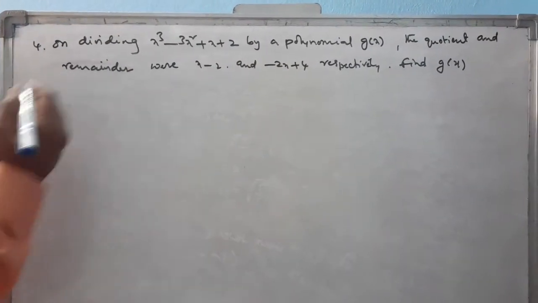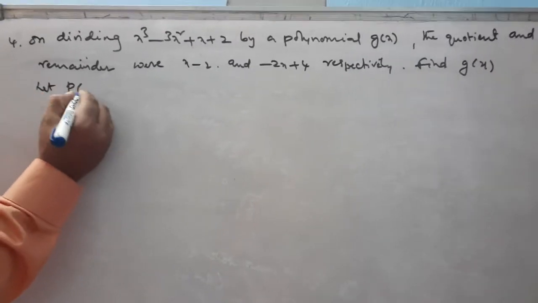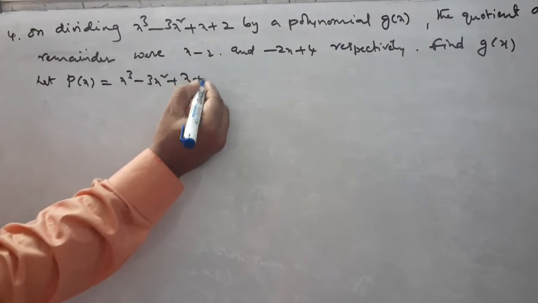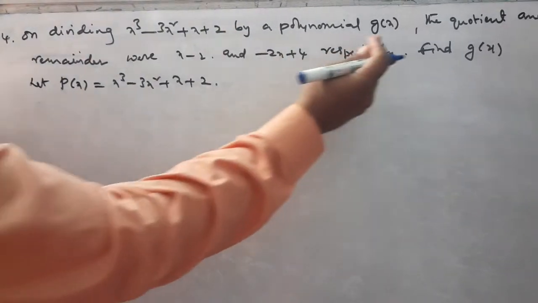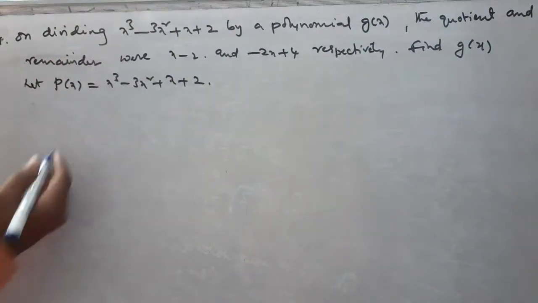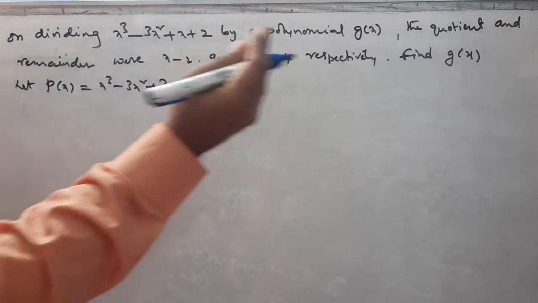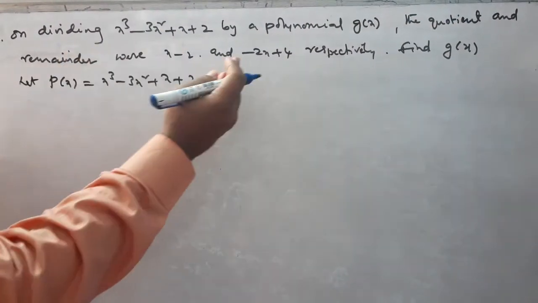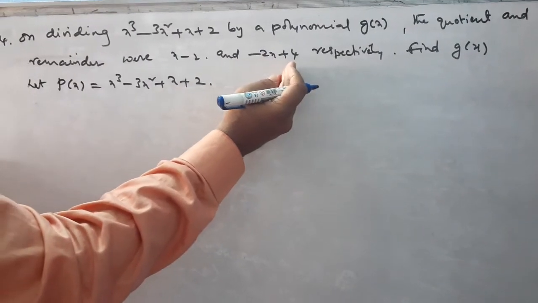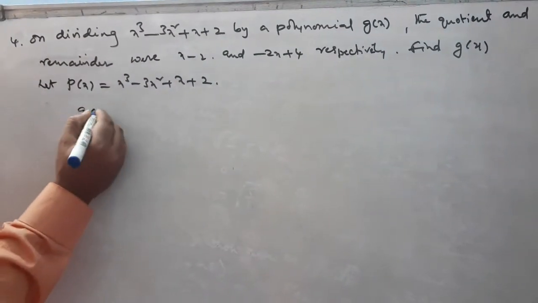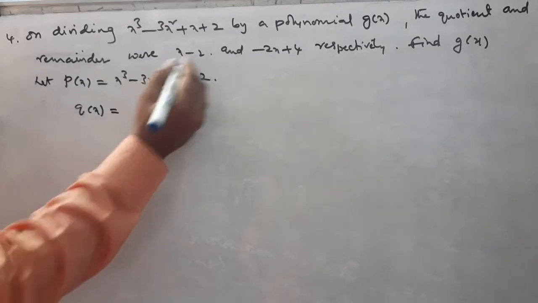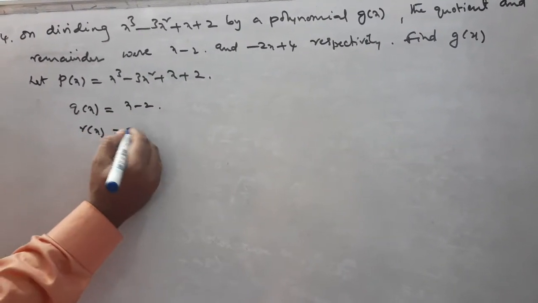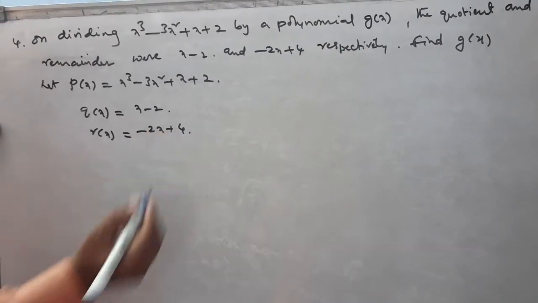So for this one, let p of x be x cube minus 3x square plus x plus 2, and the divisor is g of x, which is already given. Here I am taking q of x as the quotient, that is x minus 2, and r of x as the remainder, minus 2x plus 4.